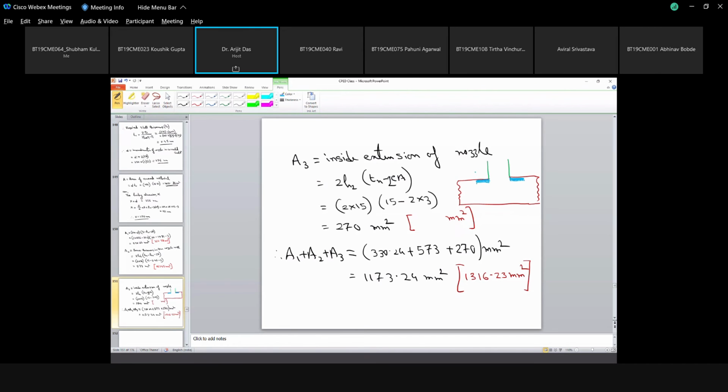And A2, you have given in the nozzle wall, extra thickness here also. And A3 is the inside extension, so A3 in a different color, also like this.